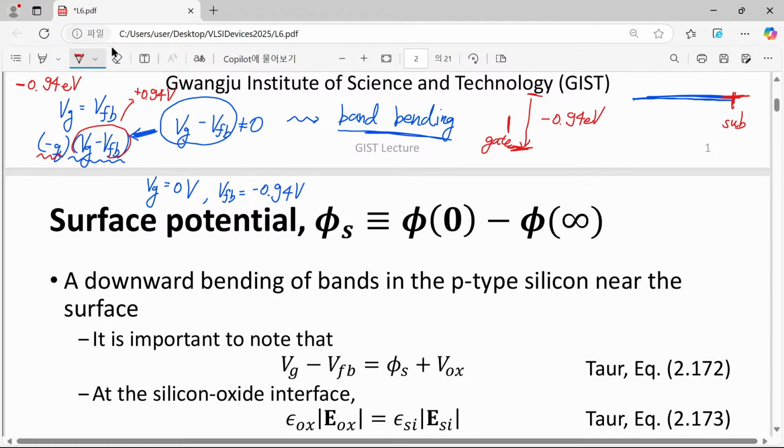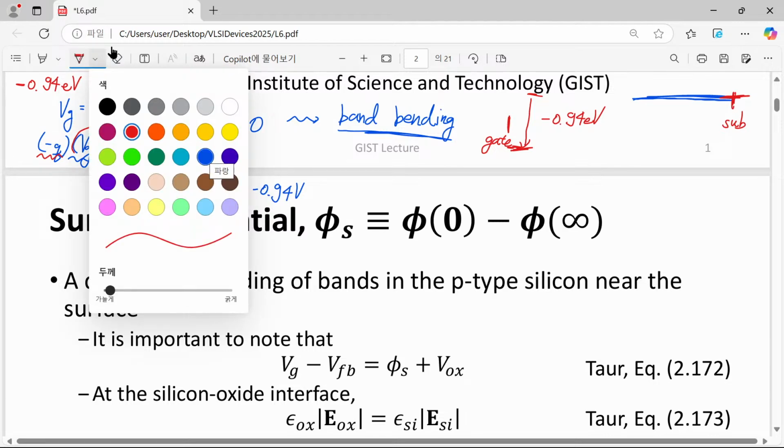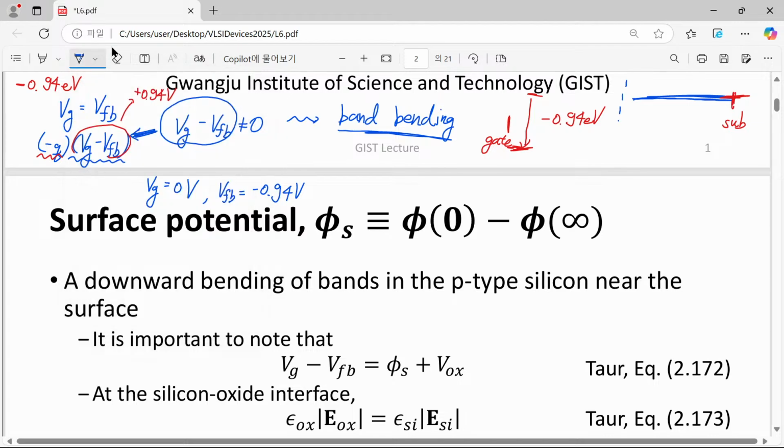Now our question is, our system is made of two different regions. One region is called oxide, and another one is called semiconductor, the silicon substrate. The overall band bending is given as this number, and it should be divided into two parts: one part in the oxide region, and another part in the semiconductor.